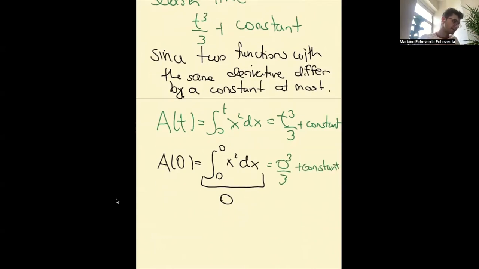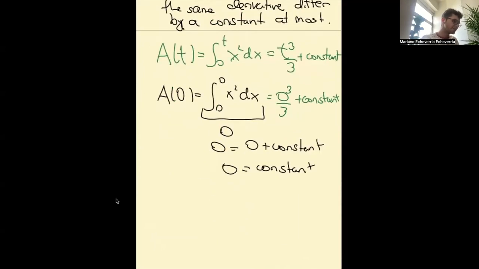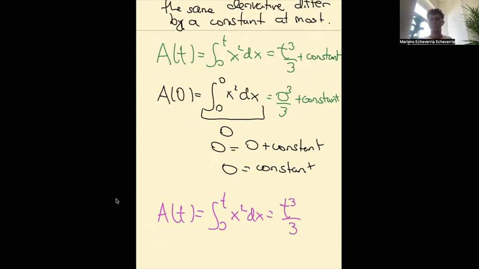So 0 equals 0 plus the value of the constant, so the constant had to be 0 in this case. That gives you the formula for A of t: the integral from 0 to t of x squared dx is t cubed over 3. So in this case, there was no need to add the constant.